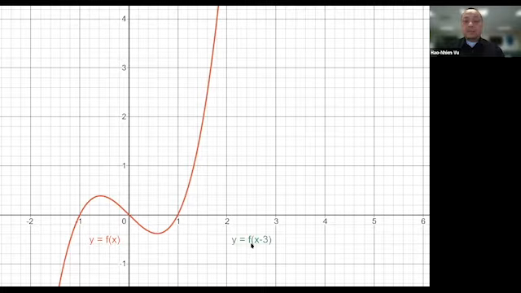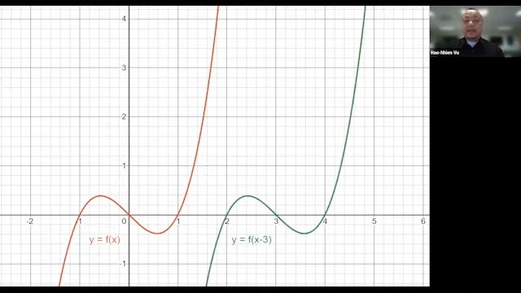If I replace x with x minus 3, then I would get an identical graph, just shifted over, or the technical term is translated over by 3. Remember the minus. So if I want to shift it to the right by 3, I go x minus 3. If I want to shift it to the left by 3, I go x minus negative 3, which is x plus 3.